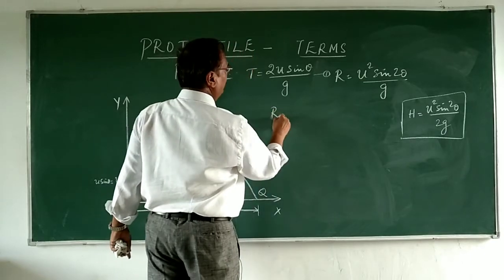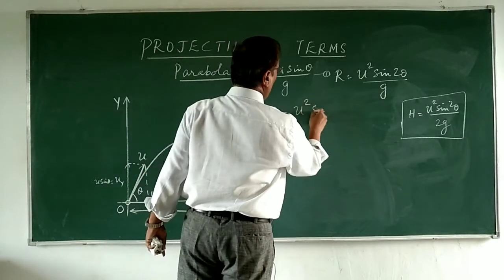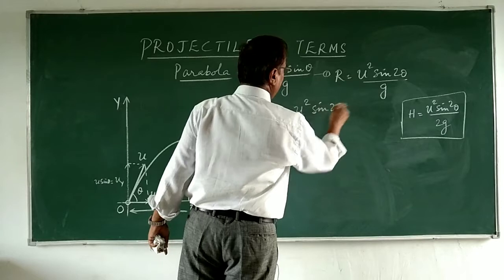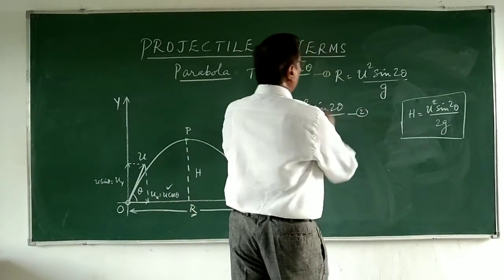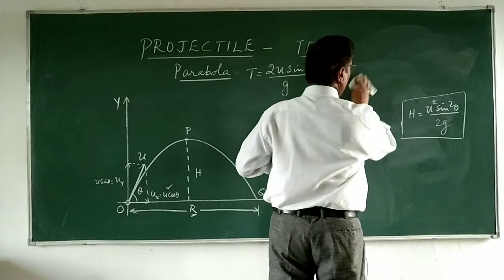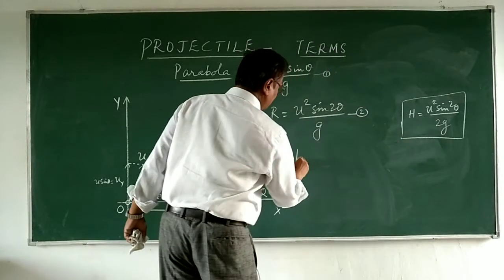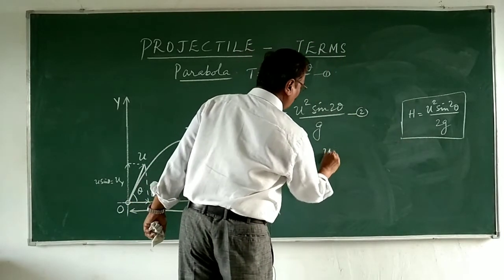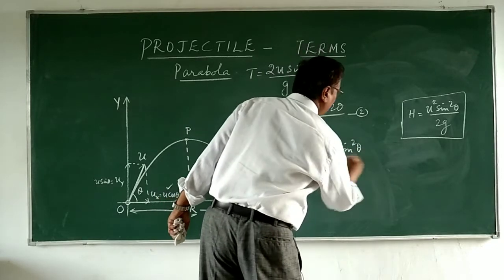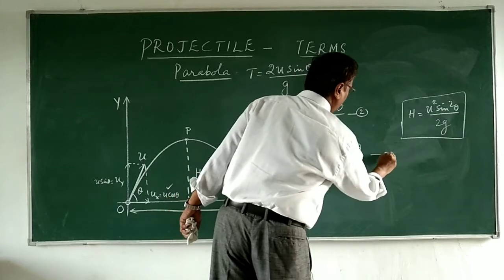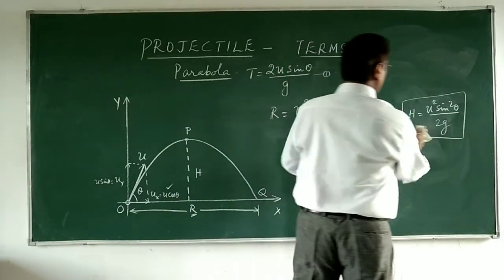The second one is for range, R is equal to u square sine 2 theta divided by g. Let us call this equation number 2. The third is maximum height reached, which is equal to u square sine square theta divided by 2g. Call this the third equation.